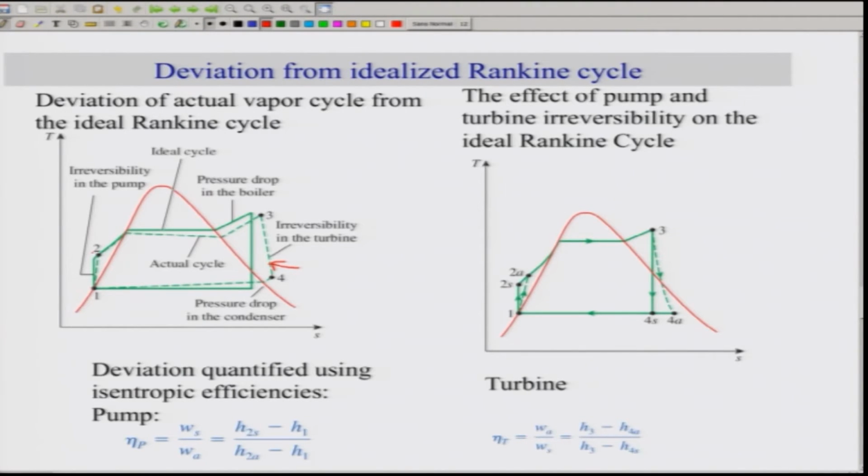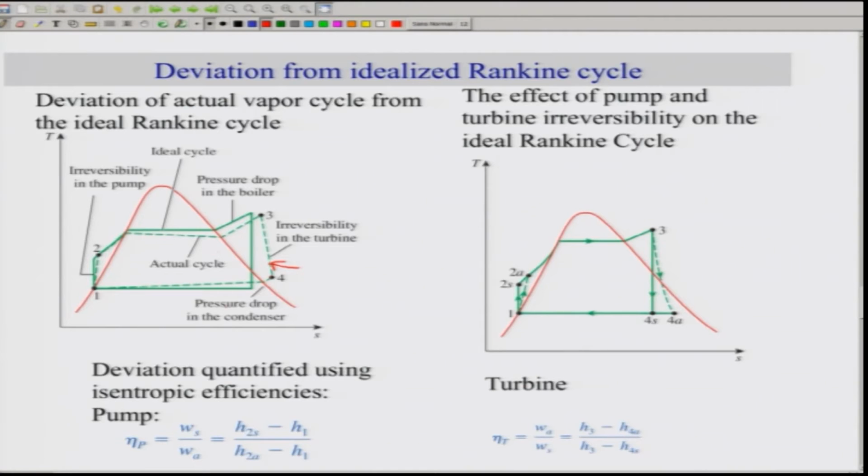From 1 to 2, there is a deviation from the idealized or isentropic process because of the irreversibility in the pump, and similarly there could be a pressure drop in the boiler, and thus it may not be constant temperature within the saturated dome. Similarly, there could be irreversibility in the turbine, and hence it may not be isentropic, so that's why it follows this dashed line, and similarly there could be a pressure drop in the condenser.